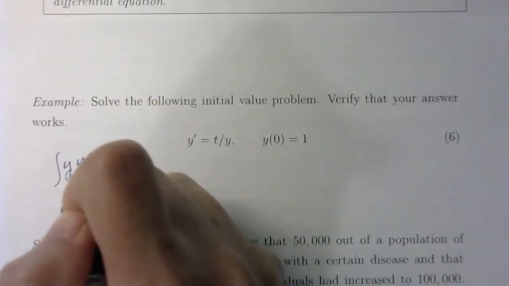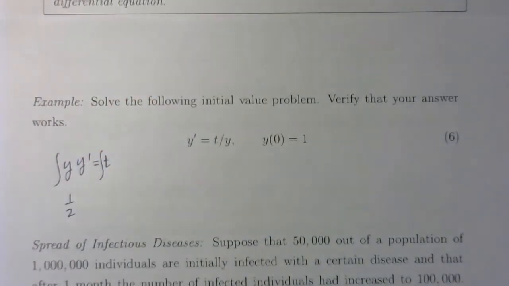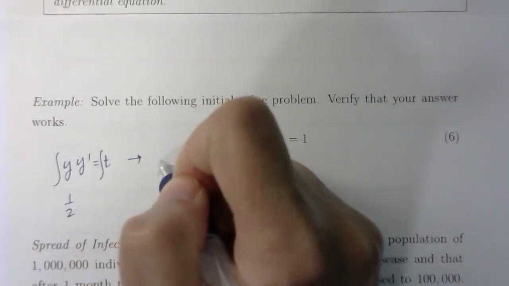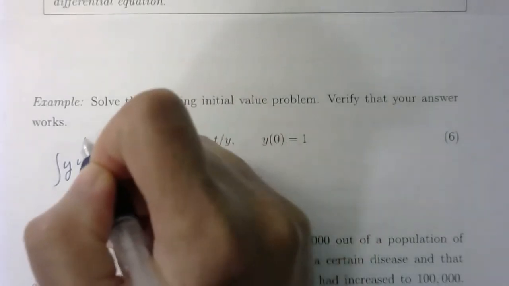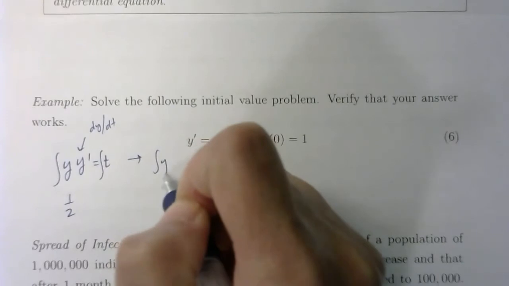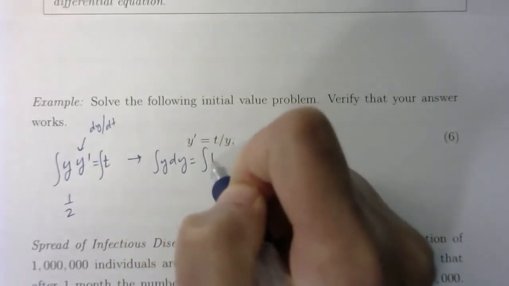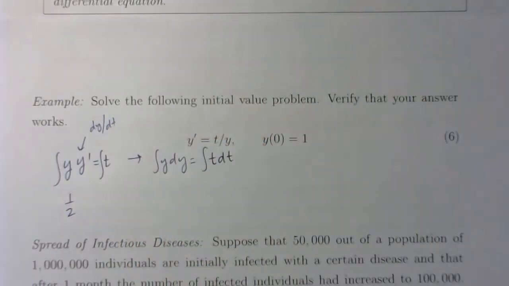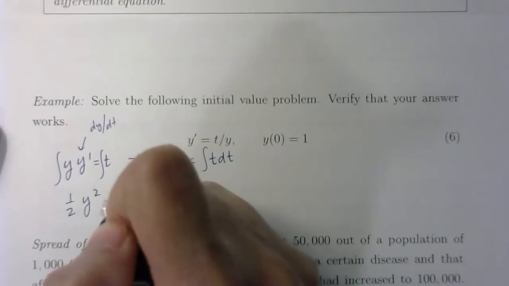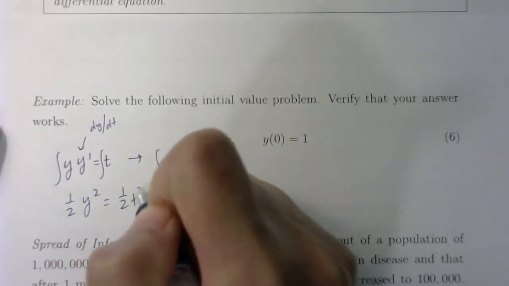So the derivative of y, or maybe I should write this step in case this was helpful. So if I think of this as dy over dt, this is y dy and then t dt, just to be clear. So the integral of the left-hand side is 1/2 y squared. The integral of the right-hand side is 1/2 t squared.